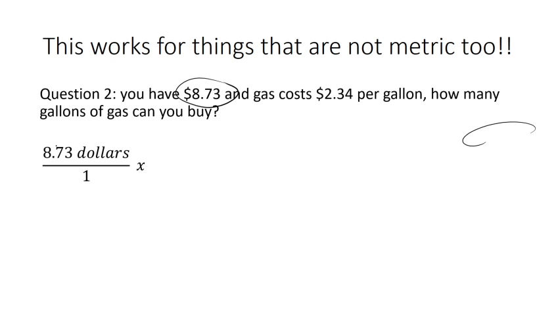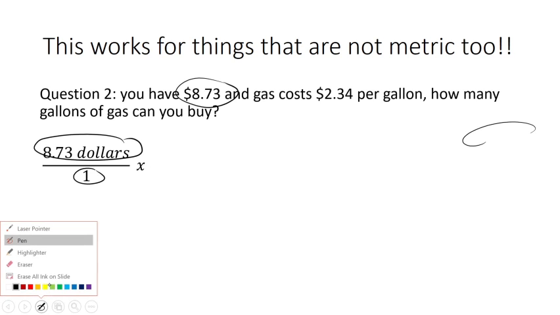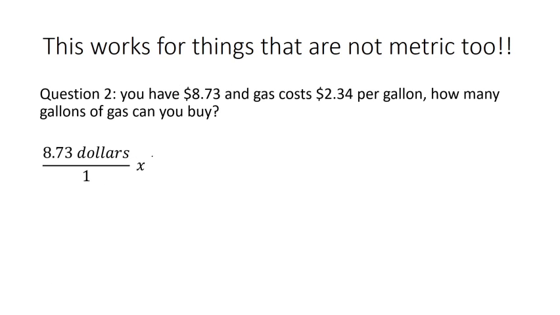So we set that up, $8.73. We put it over 1 because that's perfectly legitimate in math. Any number that's on its own, put it over 1, just so you remember that the 8.73 is in the numerator. Then we're going to use our conversion factor, $2.34 per gallon.